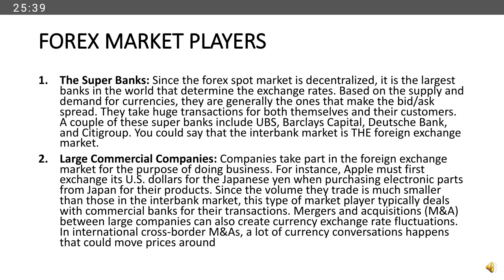Mergers and acquisitions between large companies can also create currency exchange rate fluctuations. In international cross-border deals, a lot of currency conversion happens that could move prices around. So, they are large commercial companies.